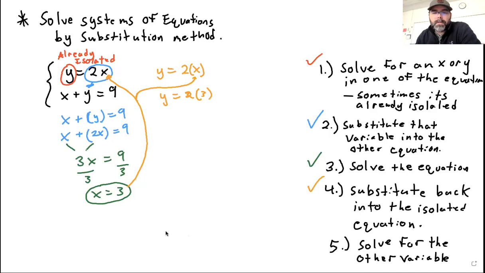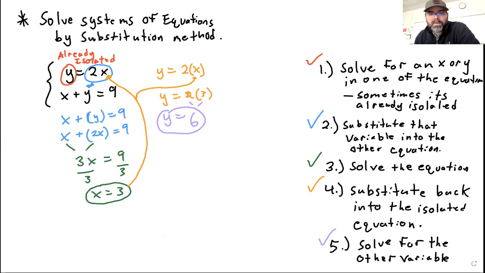So let's do that. Y equals 2 times 3, which is 6. And we're done. This is the entire process. So we now have our x value and our y value. And when x is 3 and y is 6, it fits into both of these equations.